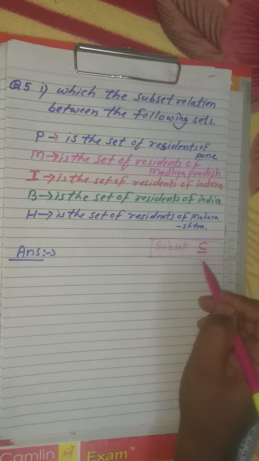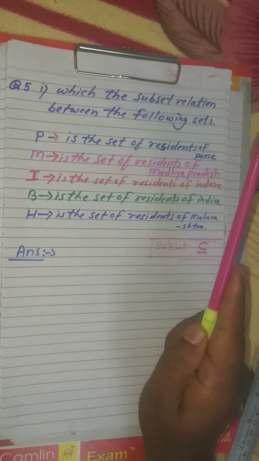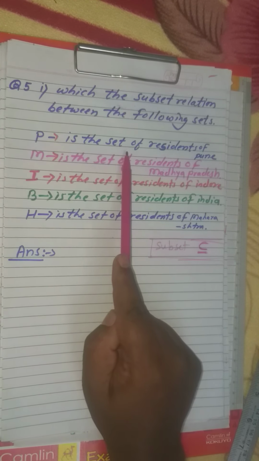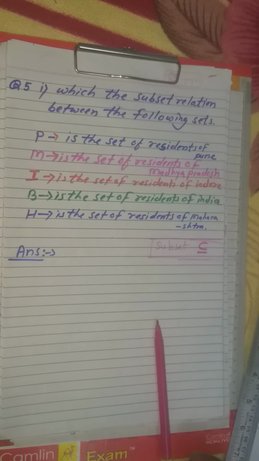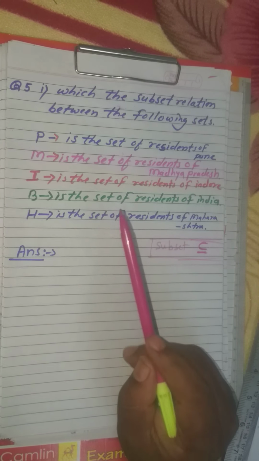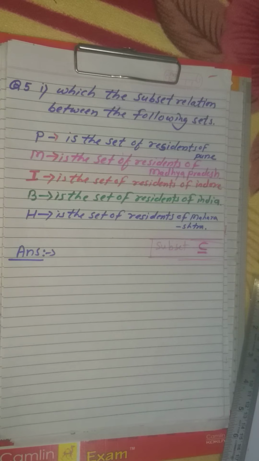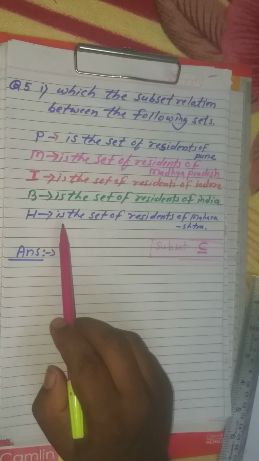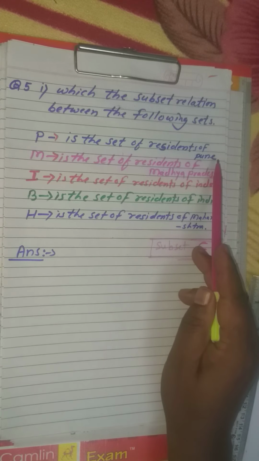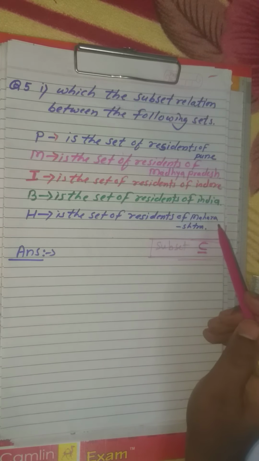First of all we have to read which things are given. The first set is given: P is the set of residents of Pune. We have to represent this statement in symbolic form. Pune is inside Maharashtra. Maharashtra is the state, and Pune is one of the cities inside Maharashtra.